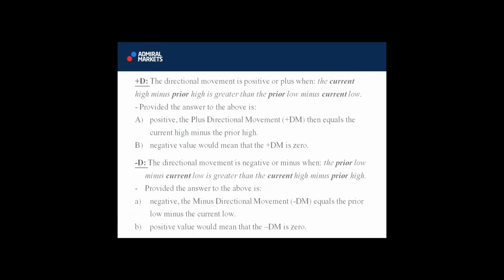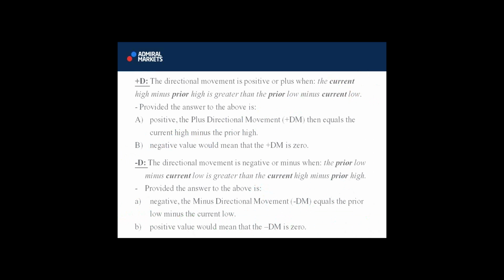So 200 is bigger than 100. The difference between the tops is bigger than the difference between the bottoms. That's why we have the plus D value, right? That's why there is positive momentum. So all it's calculating is the difference between tops and bottoms. If there's more distance between the tops, it's bullish.